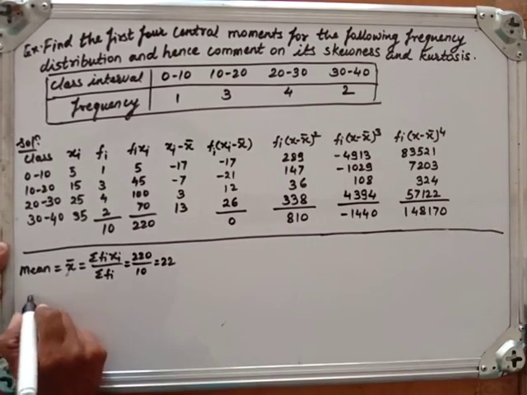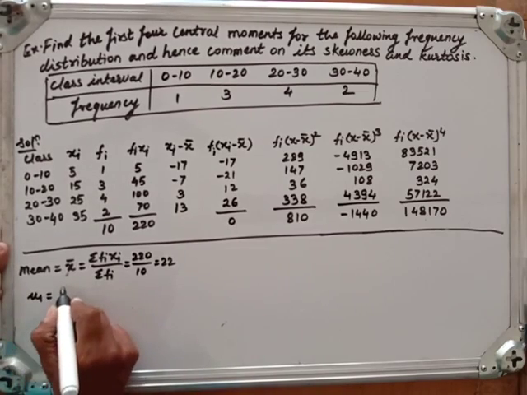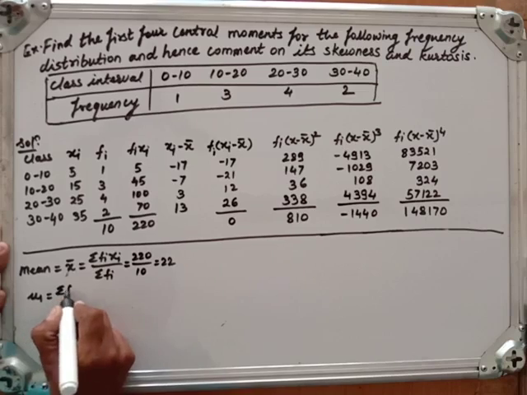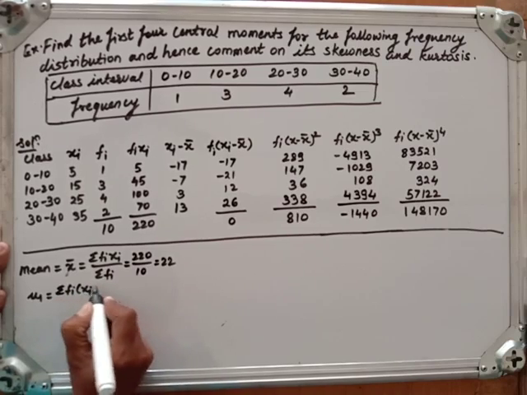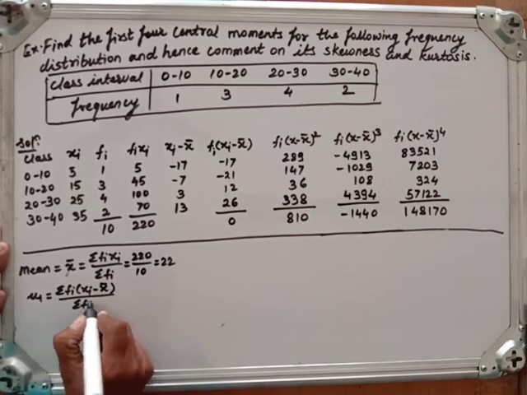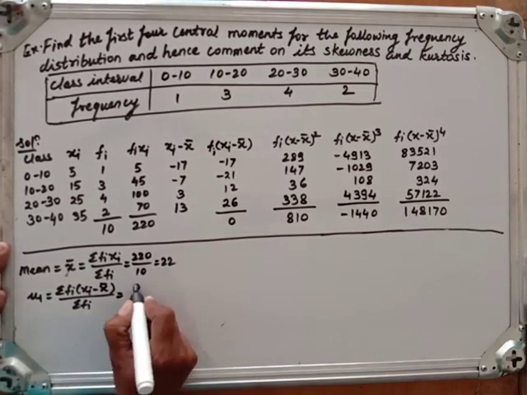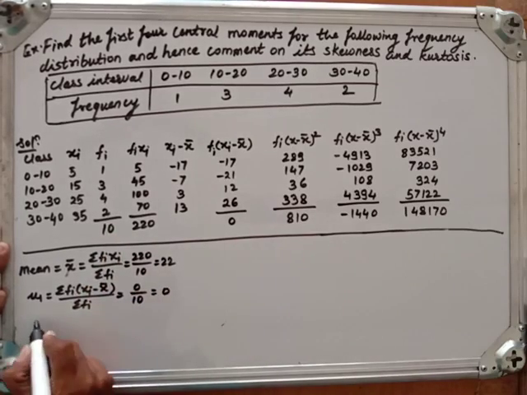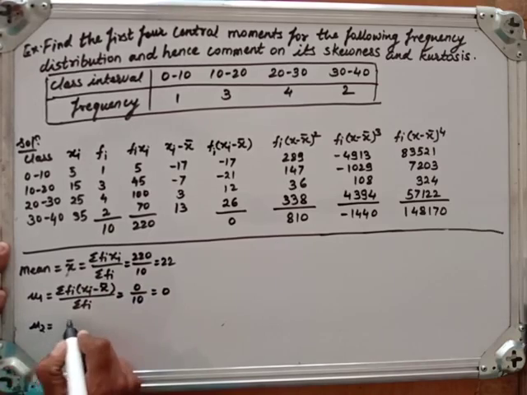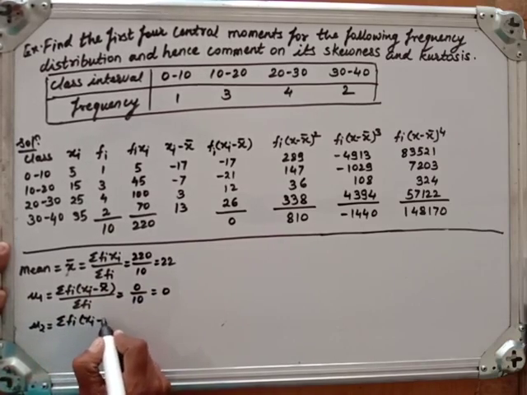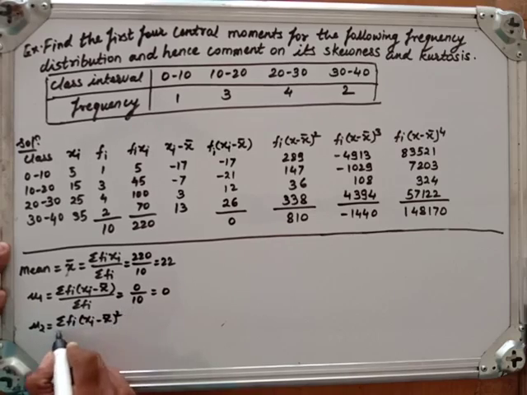So mu1. What is mu1? Mu1 is summation fi xi minus x bar upon summation fi. So this is 0 upon summation fi, which is 10. So it is 0. What is mu2? Mu2 is summation fi into xi minus x bar square upon summation fi.